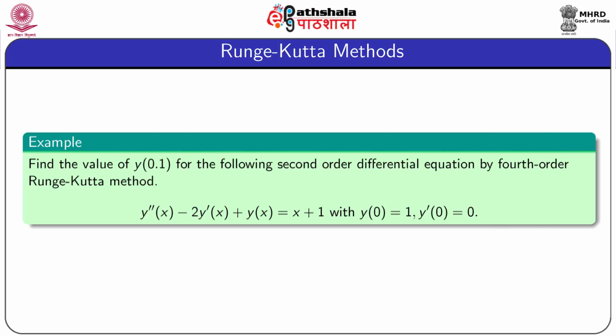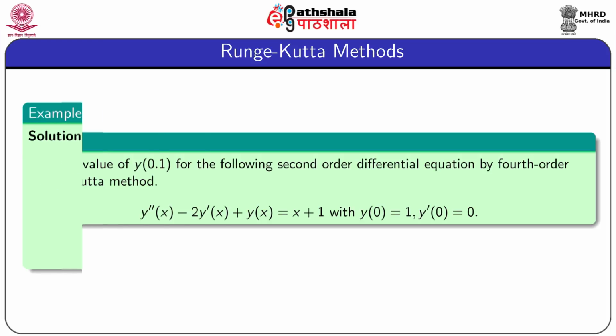Now we consider the following second order initial value problem: d2y/dx2 minus 2 dy/dx plus y equal to x plus 1 with the initial conditions x equal to 0, y equal to 1 and dy/dx equal to 0. Our problem is to find the value of y at x equal to 0.1 using the fourth order Runge-Kutta method.